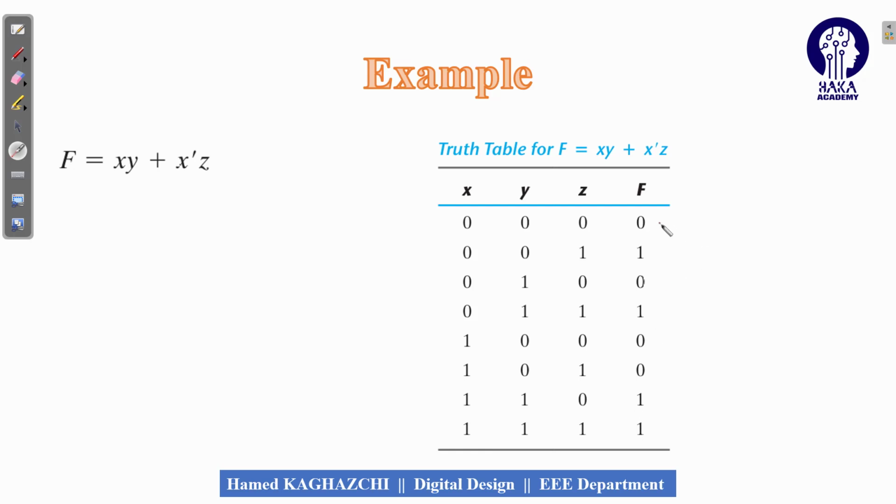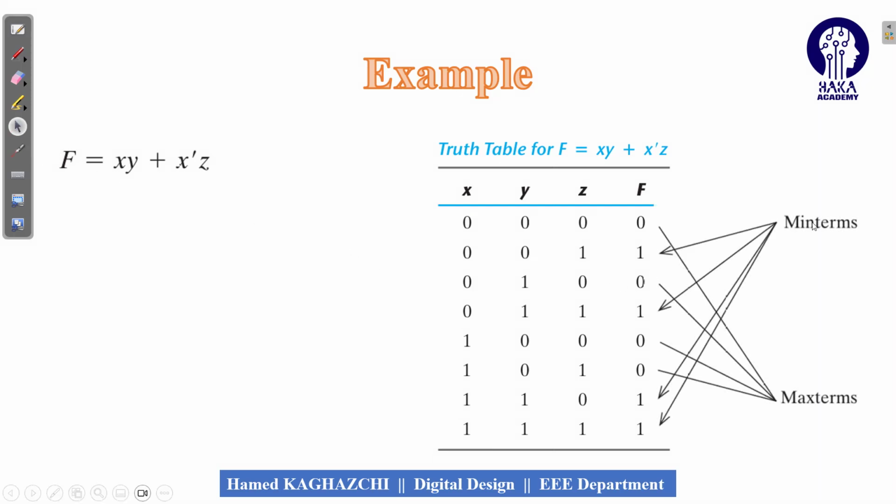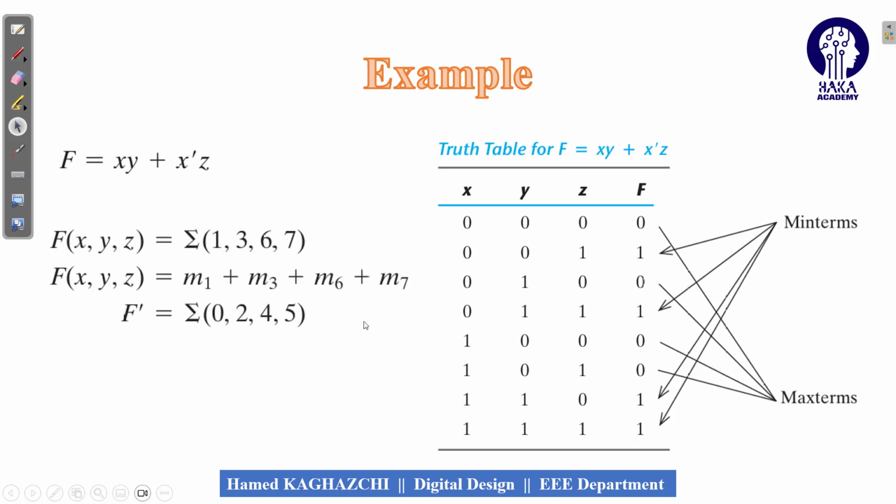Everywhere I have zero, I can write the product of max terms. So these are minterms, these are max terms. So summation of 1, 3, 6, 7 is written as f. F prime is 0, 2, 4, 5, and also f is pi of 0, 2, 4, 5. These are two different forms of the representation.